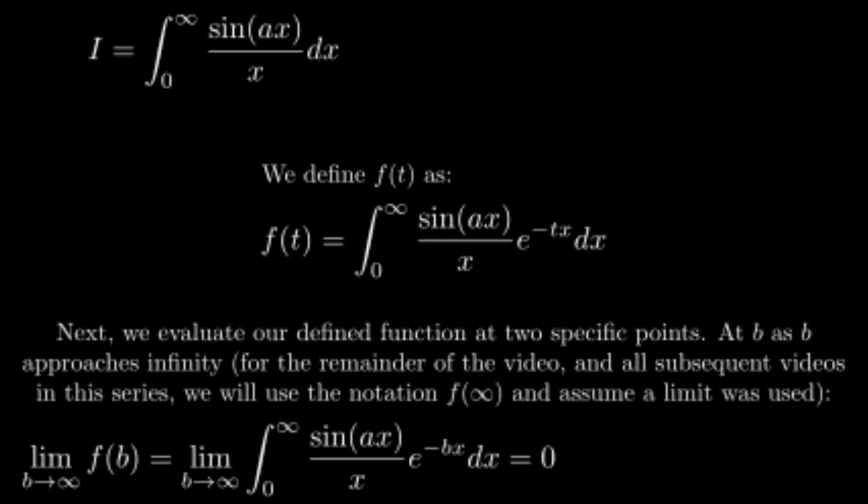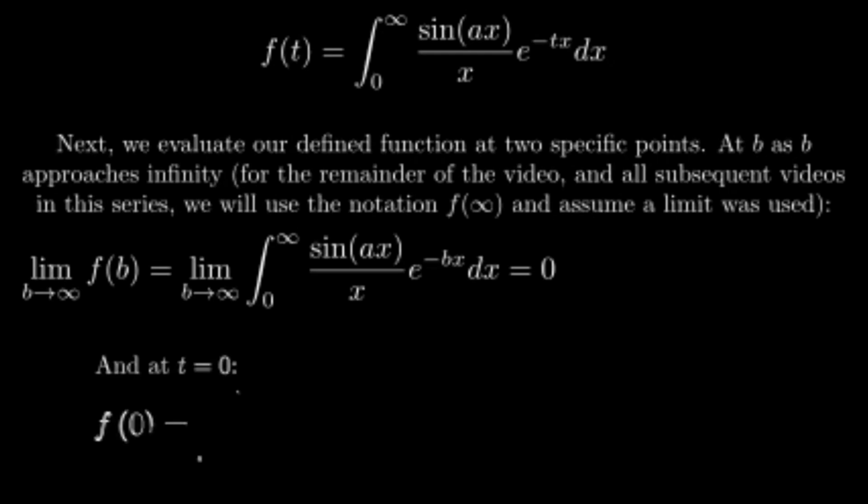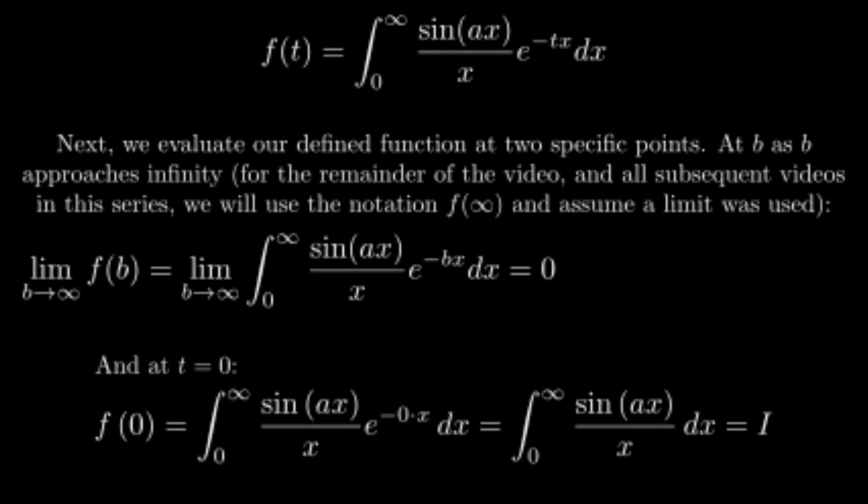At b, I'm going to pause it. At b, as b approaches infinity, for the remainder of the video and all subsequent videos in this series, we'll use the notation f at infinity and assume a limit was used. Yeah, good. Okay. At t is equal to 0. Yeah, we get that. Okay, that's correct.